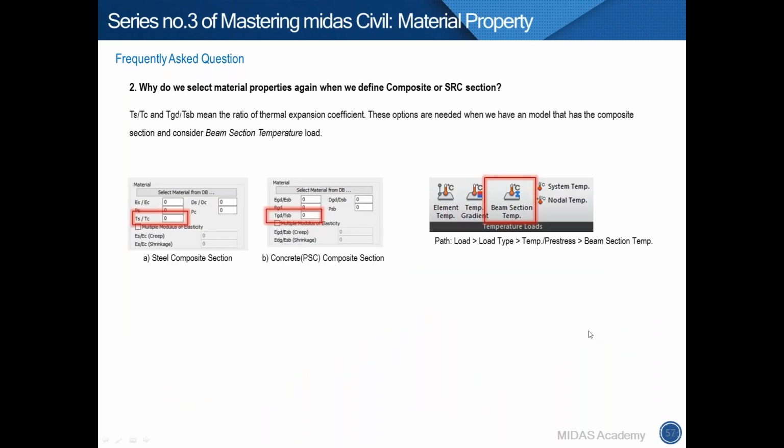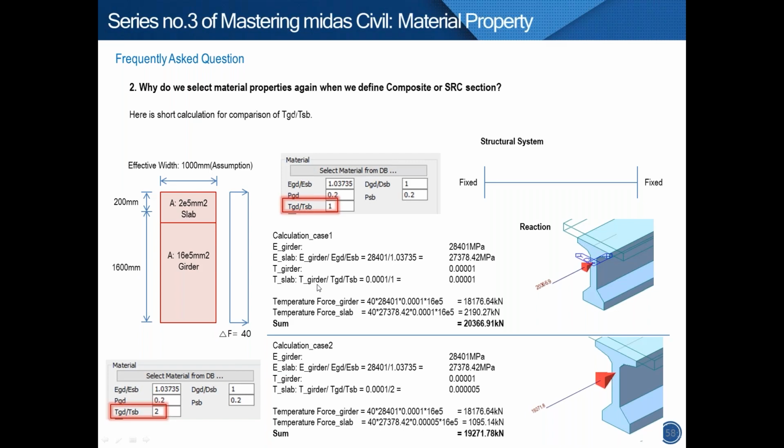Okay, and this is the ratio of thermal coefficient. This option is used for a specific function called beam section temperature load. Through this option, we can consider the thermal gradient of section. So here is a short calculation for comparison of thermal coefficient.